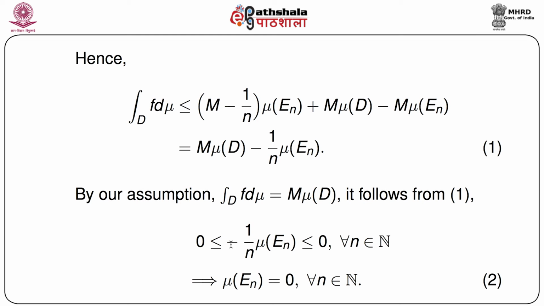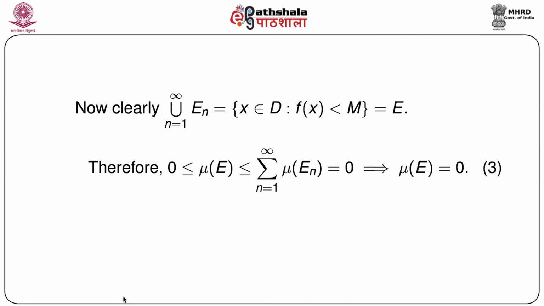Now, it is given that the integral over D of f dμ equals M μ(D). So, if we put this in the left hand side of equation 1, we get 0 ≤ -(1/n) μ(E_n) ≤ 0 for every n belonging to the set of natural numbers, which naturally implies μ(E_n) equals 0.